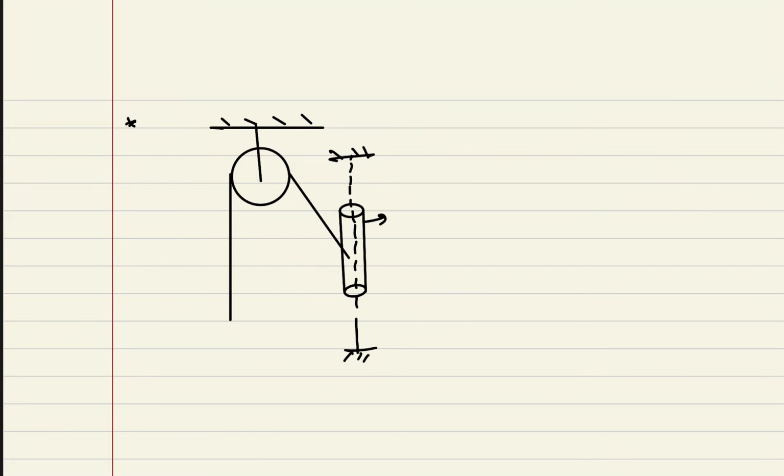This body 2 can move only along the vertical line. Now body 1 is there.